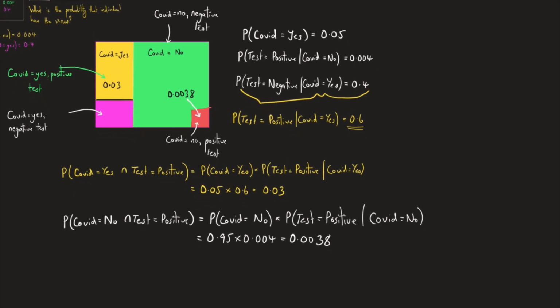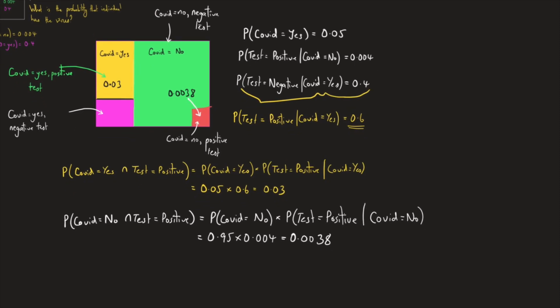So from the information that we've generated, we can write down a number of other things. We can write down the probability of a positive test. The probability of a positive test is going to be equal to this area where an individual has a positive test and has COVID, plus this area where an individual has a positive test but doesn't have COVID.